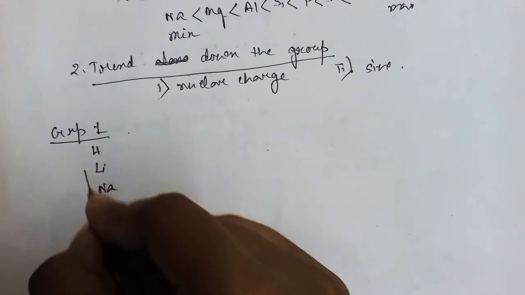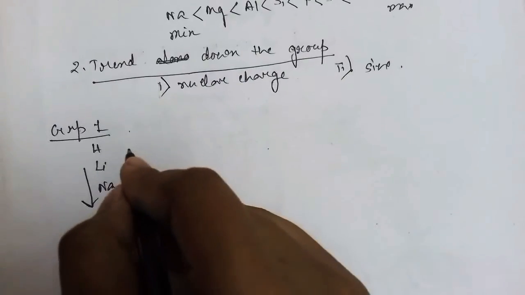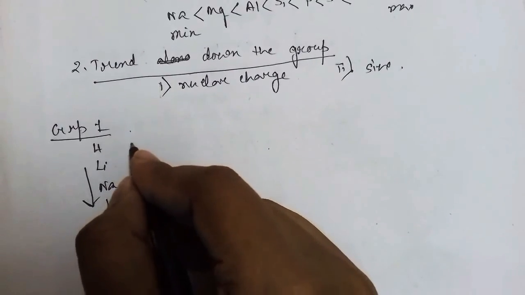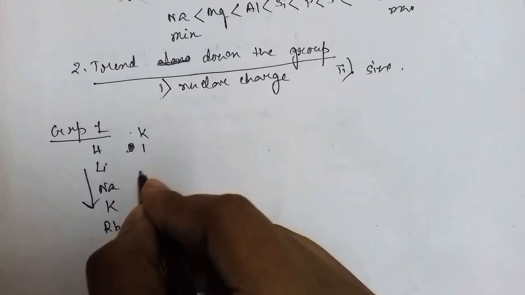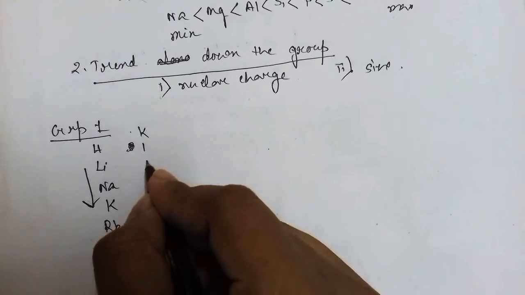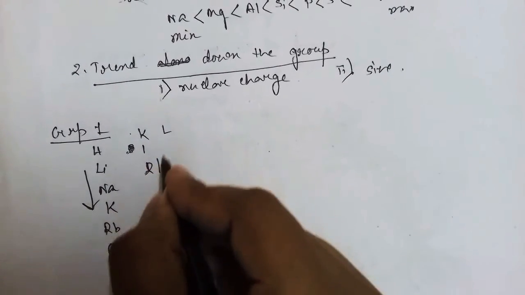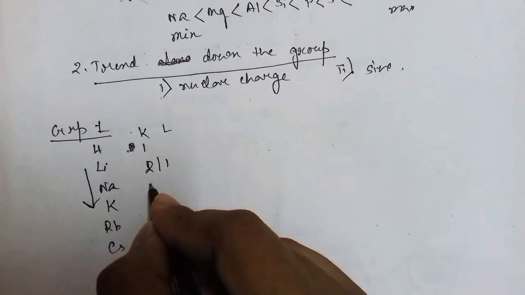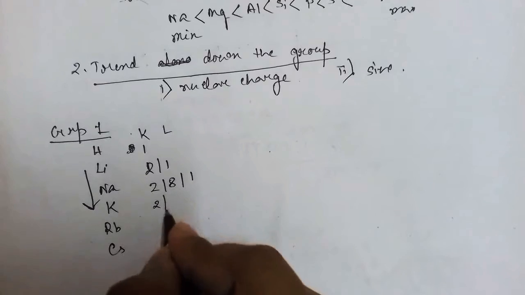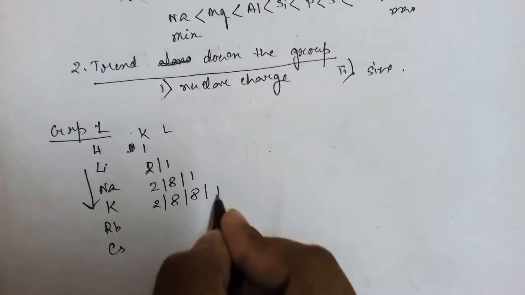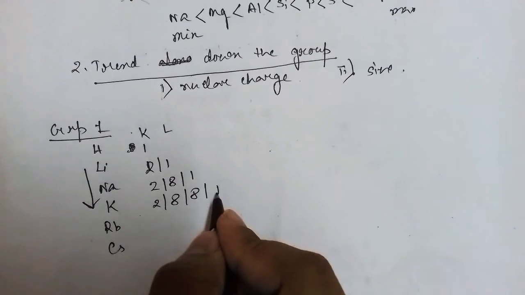Down the group, what we can see is that the electronic configuration is like this. 1, that is the K shell. Next 2,1, that is the L shell. Then 2,8,1. Then 2,8,8,1. So it moves like this.